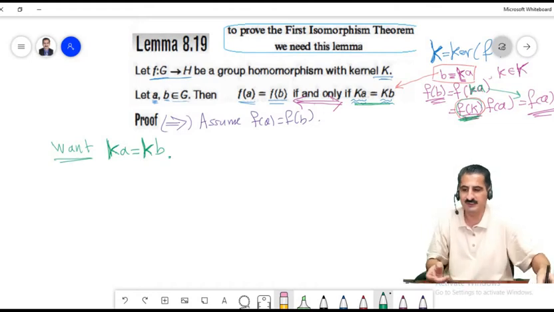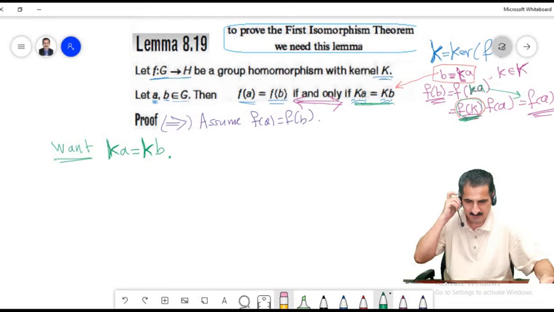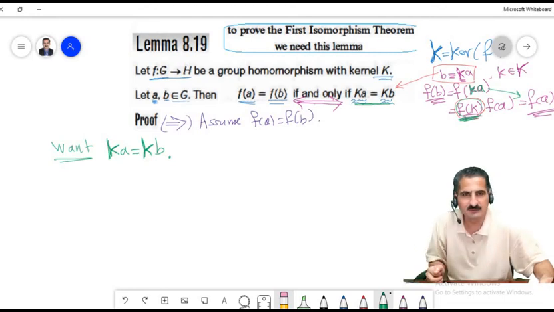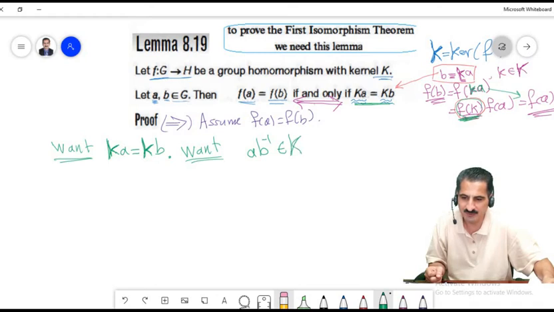It's not a small k, it's a big K. But tell me how we prove that two elements give me the same coset, which means two elements are congruent modulo that group, right? So I want to prove this. If I prove this, then we are done.